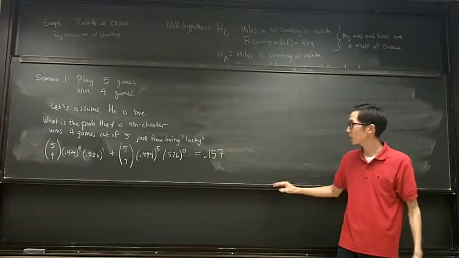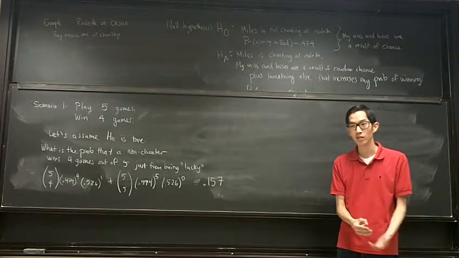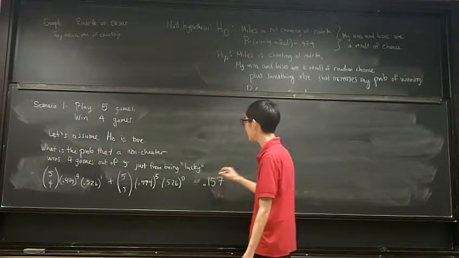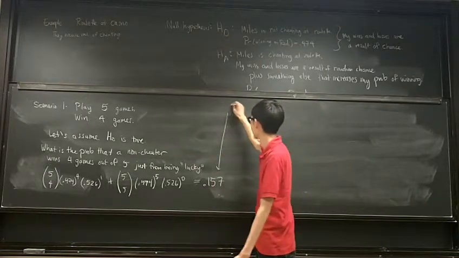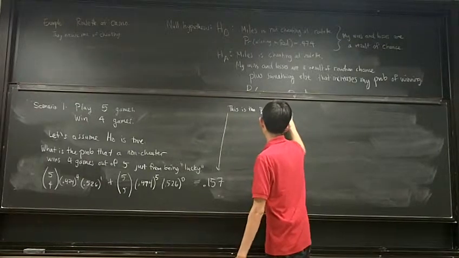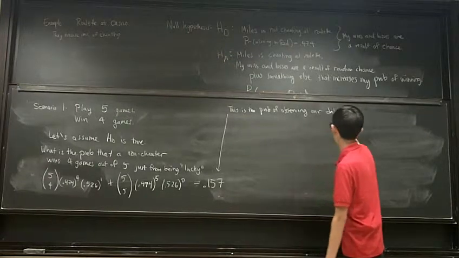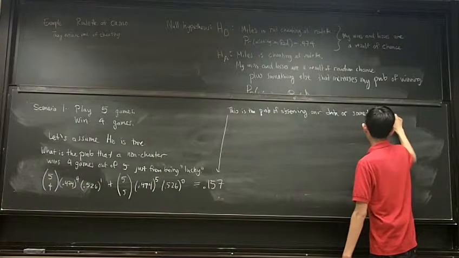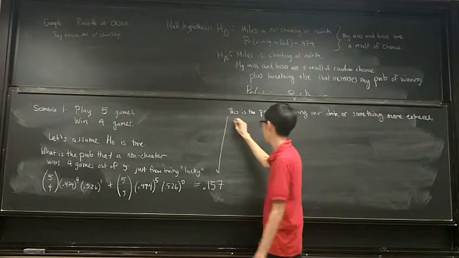So would we say we have evidence that I'm cheating, or we don't have evidence that I'm cheating? We don't have evidence that I'm cheating. Why? Okay. So the reasoning here is that this is the probability of observing our data or something more extreme if we assume the null hypothesis were true.